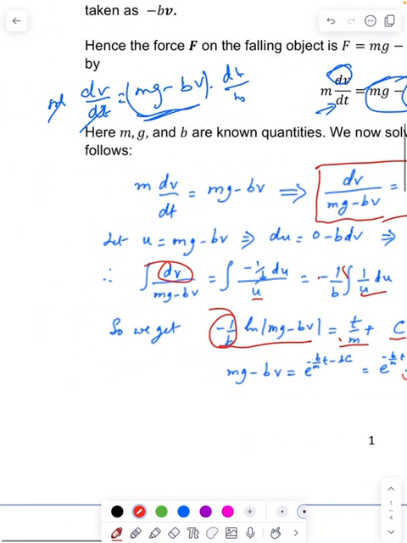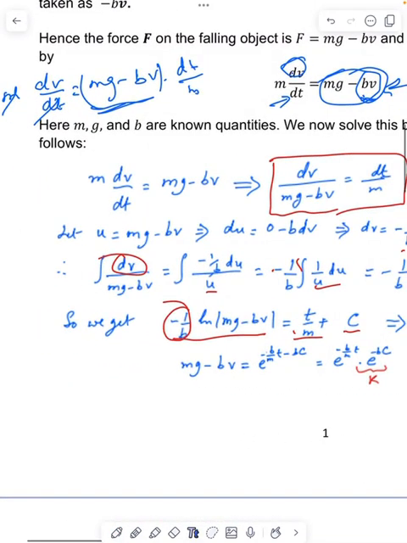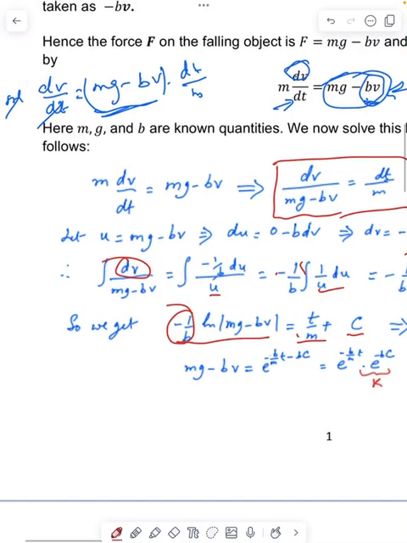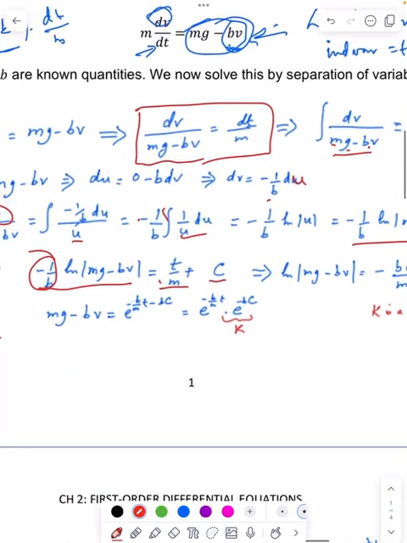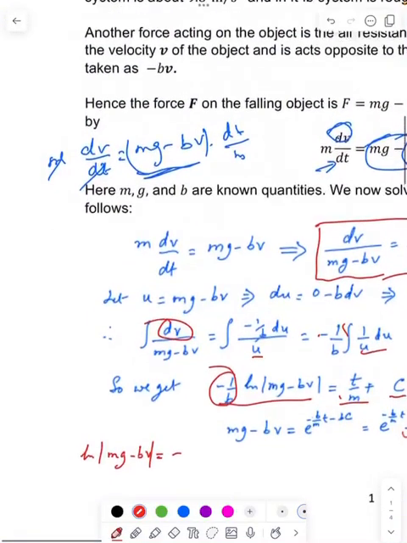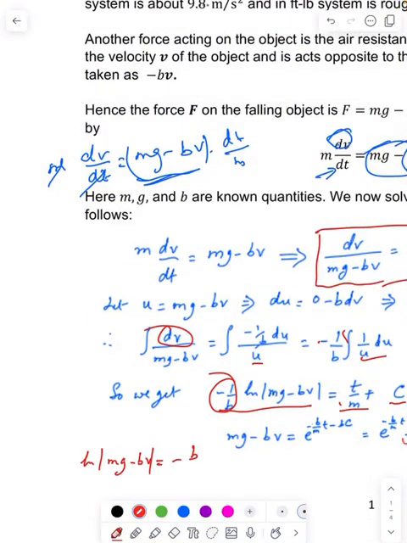So now we have ln of mg minus bv equal to minus bt over m, or b over m t, however you want to read it, minus bc.